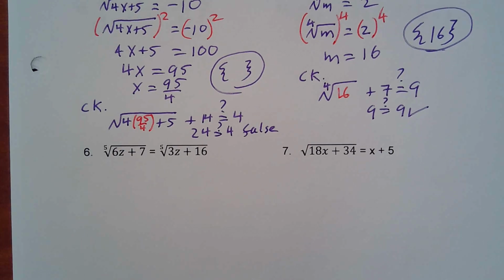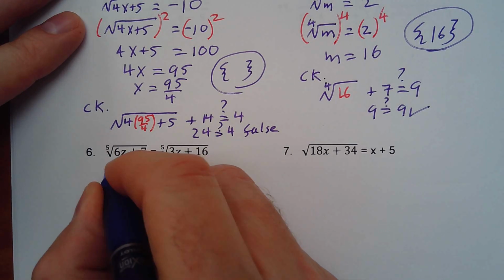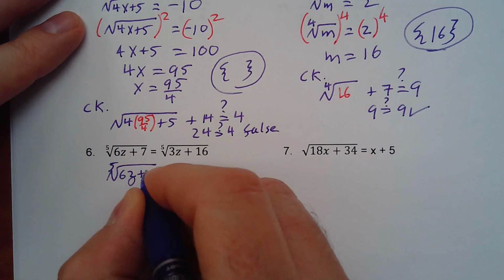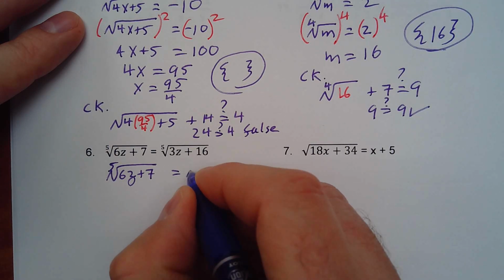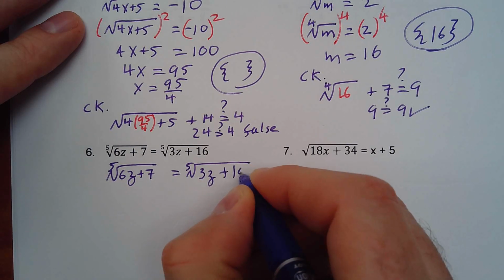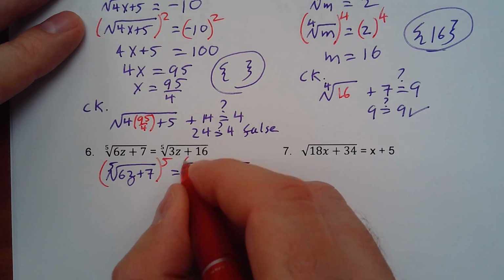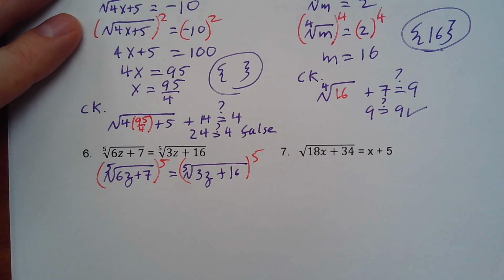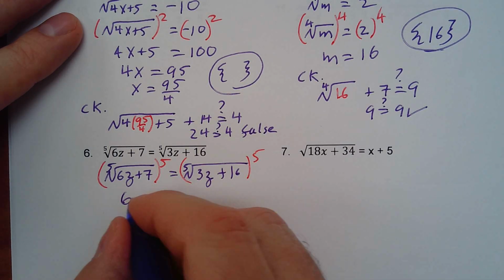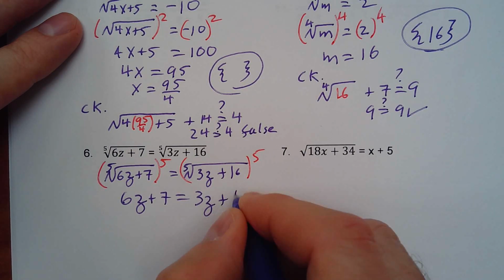All right, let's try number 6. Here I just want to raise both sides to the 5th power. So we get 6z plus 7 equals 3z plus 16.